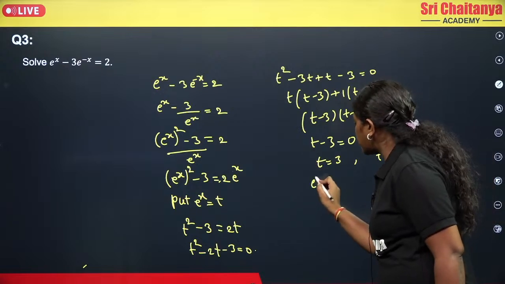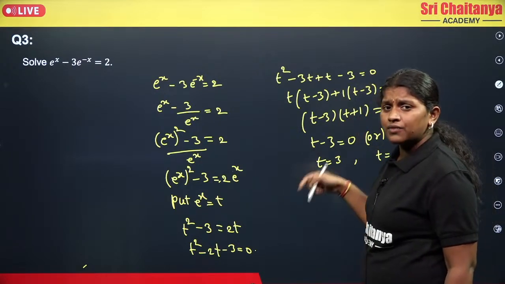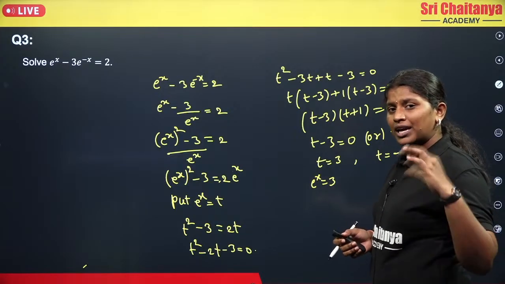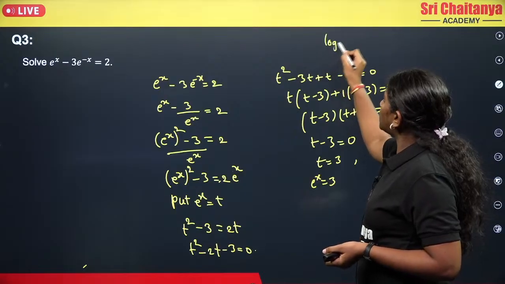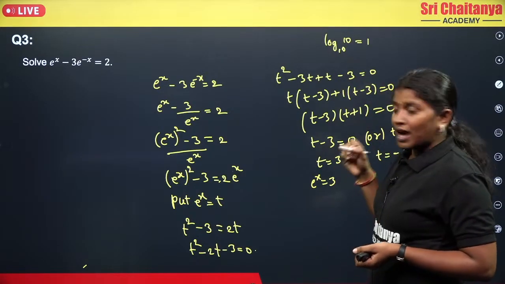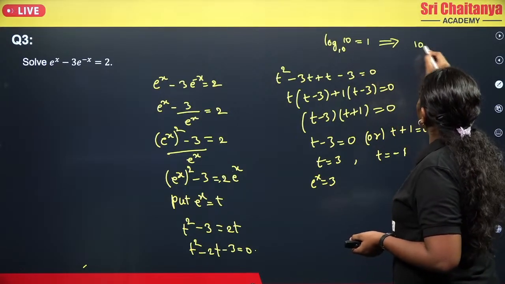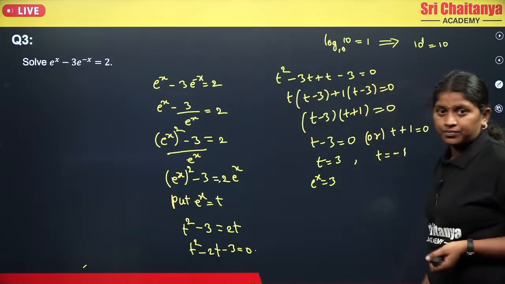So that becomes e to the power x equals 3. From this you need to find your x value. So how can we do that? We have to take ln. If you consider logarithms, log 10 to the base 10 will be equal to 1. Why? Because if you convert this into exponent form, you will get 10 to the power 1 equals 10.